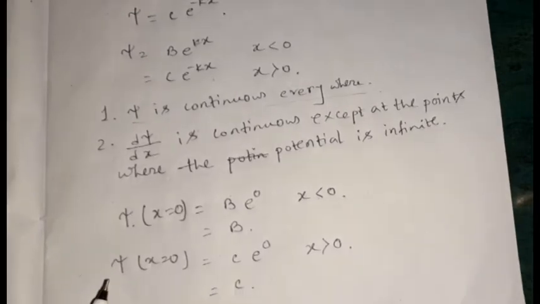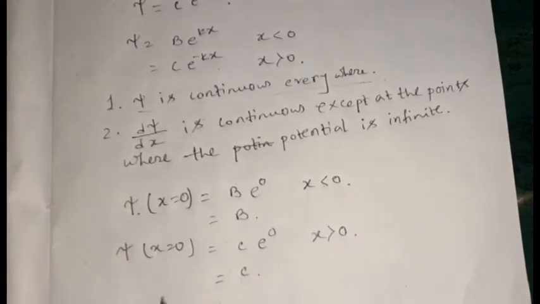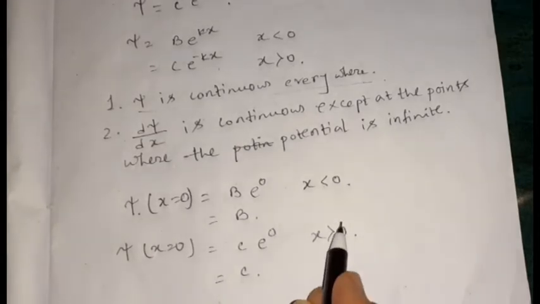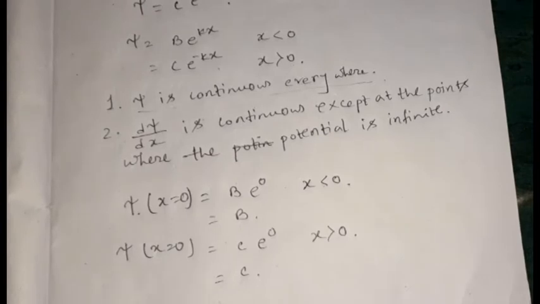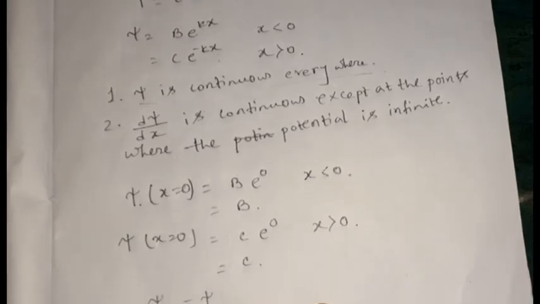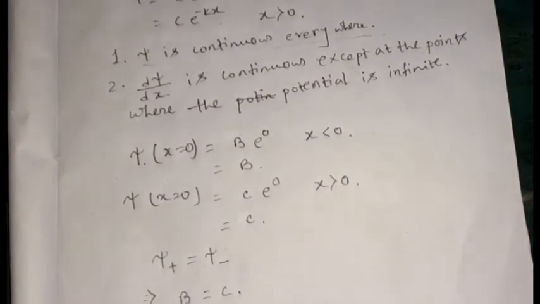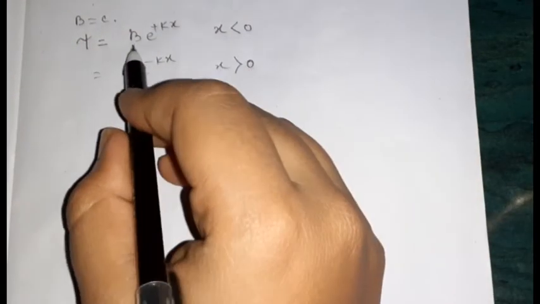Now psi has to be continuous, so psi plus, I'm denoting plus for the x greater than 0 region, is equal to psi minus. So from this b equal to c, and as c is equal to b, we get this.